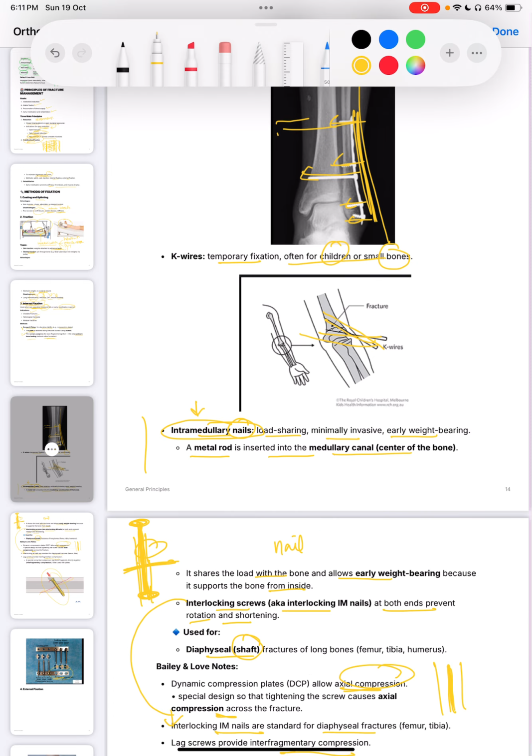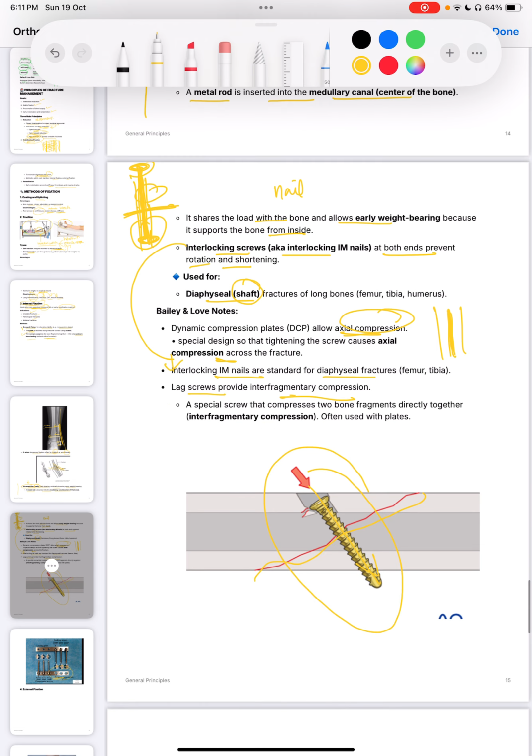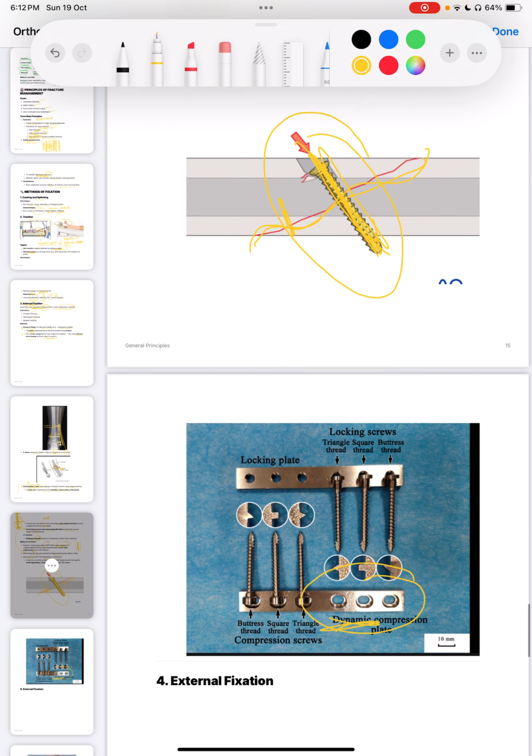This is for like जो diaphyses का fracture होता है long bones का, ठीक है, femur, tibia, humerus वगैरह का. और interlocking nails हम either side पे दे देते हैं ताकि rotation ना हो या shortening ना हो. And then उसके बाद dynamic जो compression plates हैं, it's a special type जिसमें axial compression होता है. And then lag screws हम डालते हैं दो उसमें, it joins both of the fragments together.